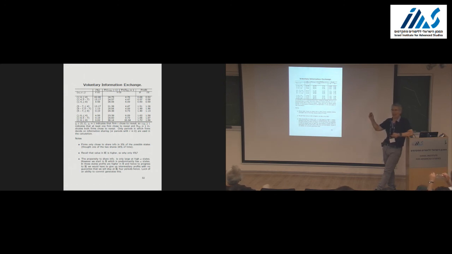The problem is you could do it in 55 different ways, okay? And that's the problem: figuring out the appropriate way to model the collusive behavior in any given situation.